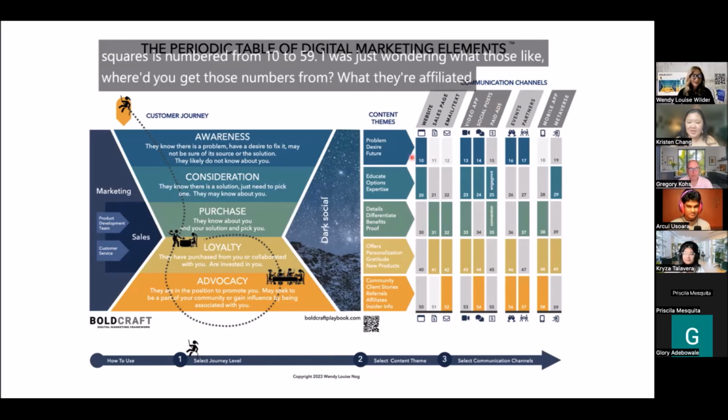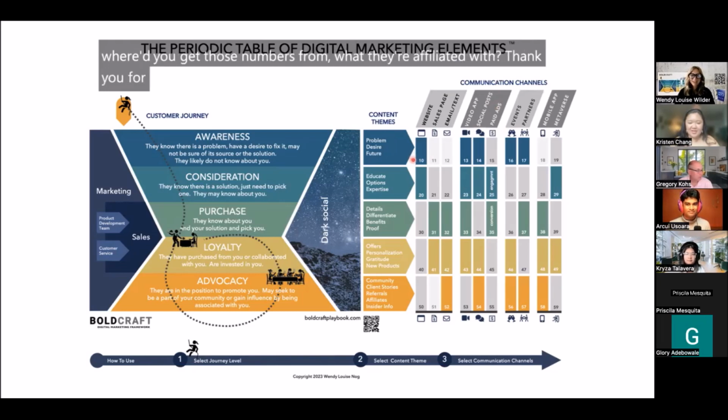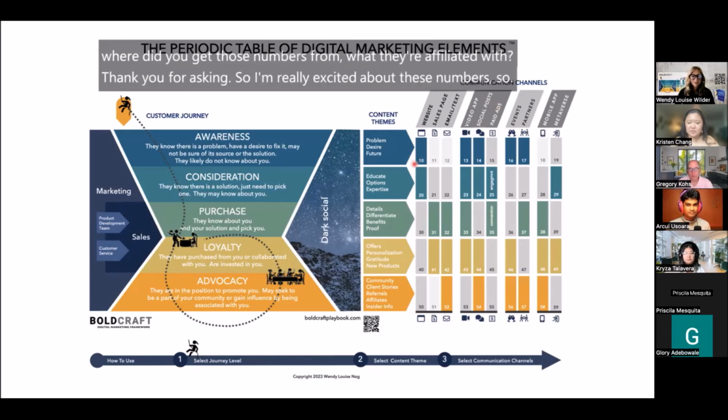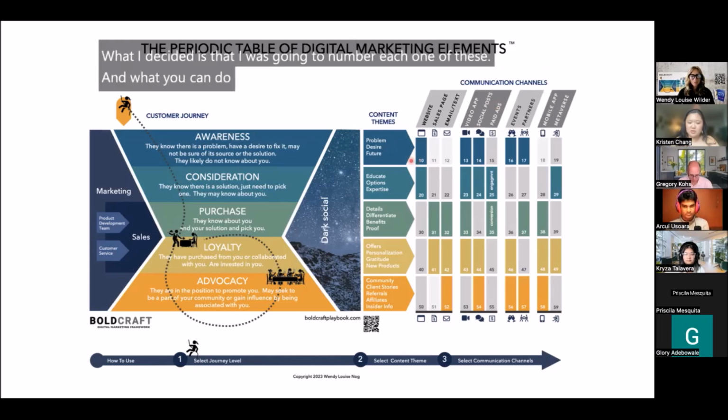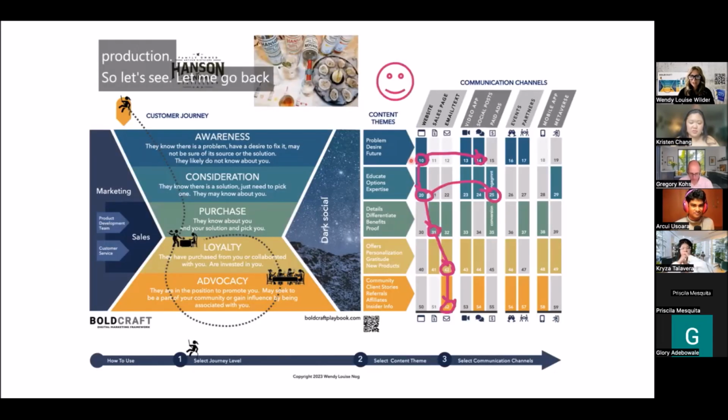Oh, thank you for asking. So I'm really excited about these numbers. What I decided is that I was going to number each one of these. And what you can do is, let's say you're putting a campaign into production. So let me go back a little bit. So here's the campaign you've presented to your client.